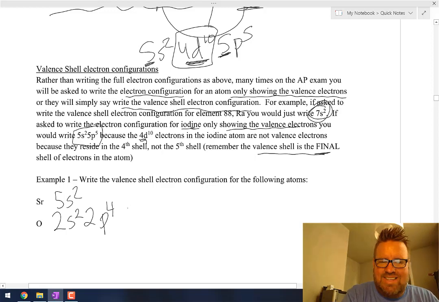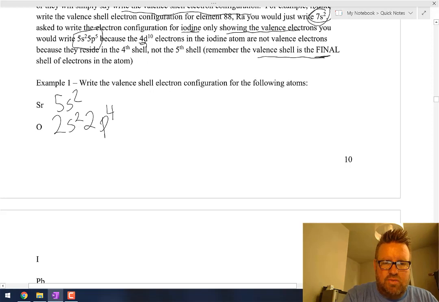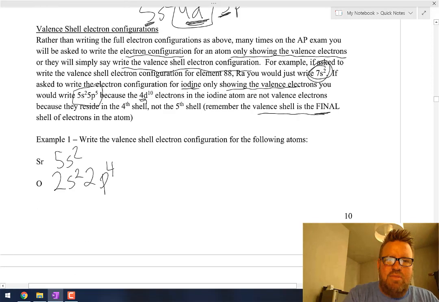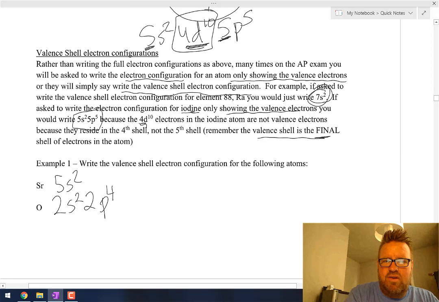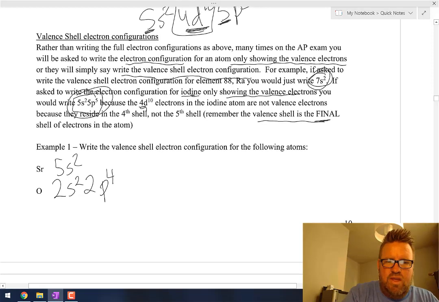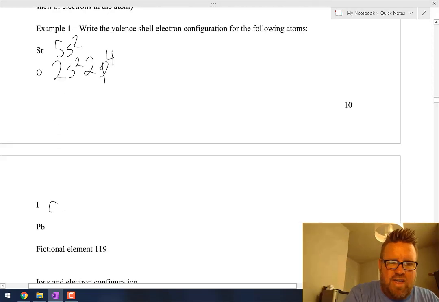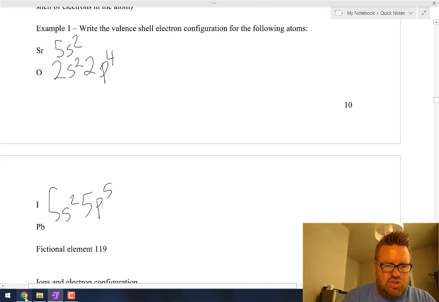So oxygen has 6 valence electrons, strontium only has 2. Okay, for iodine, I believe we already saw that example. For iodine, it would just be what we saw before, 5s2, 5p5.